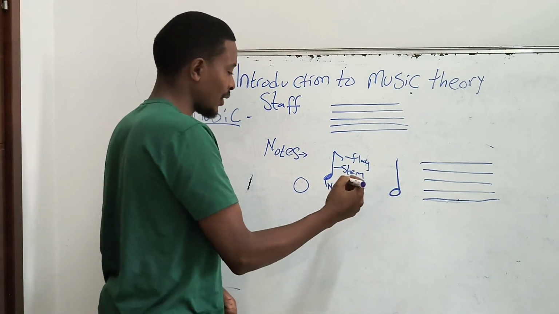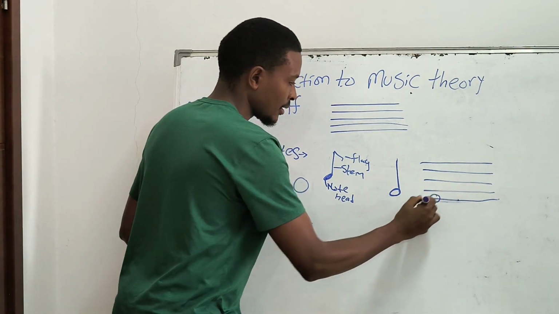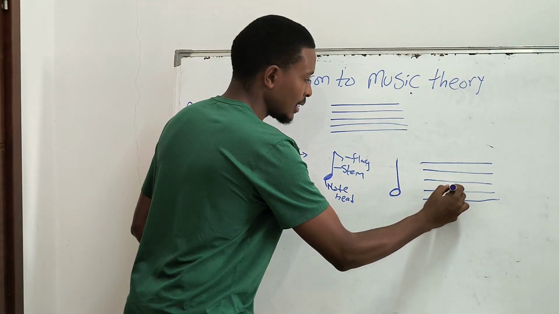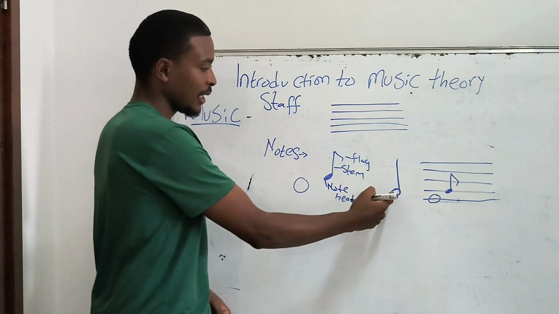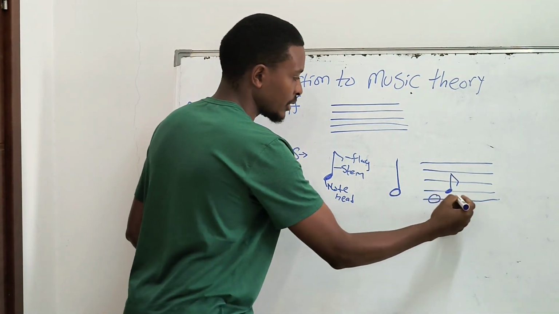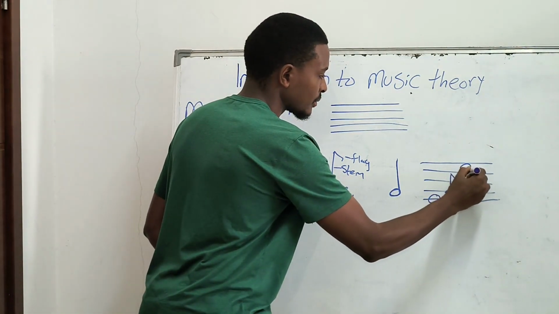So for those that will be on the line, they would look like this. If it is this one, it will look like that. If it is on the line, it should look like that. Then if it is on the space, it would look like this.